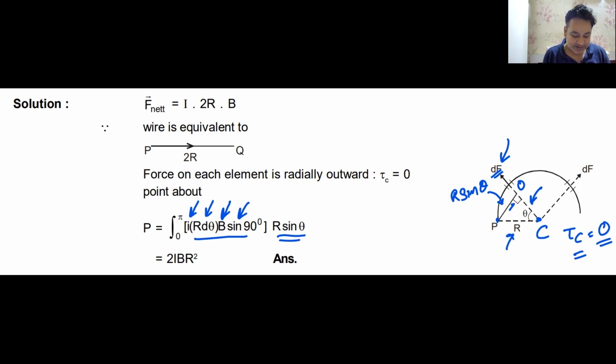So you multiply it by R sine theta and you integrate this equation, theta varying from 0 to pi, and here is your answer. It is simply the integral of sine theta from 0 to pi. That would be equal to 2, and your answer comes as 2 I B R squared. Do you understand this?